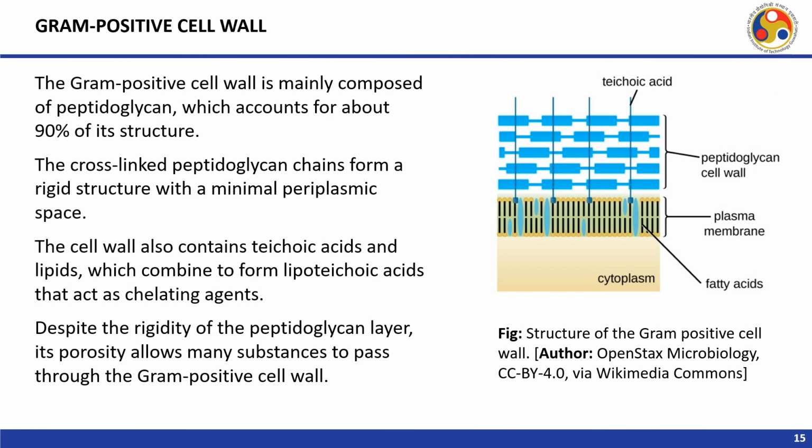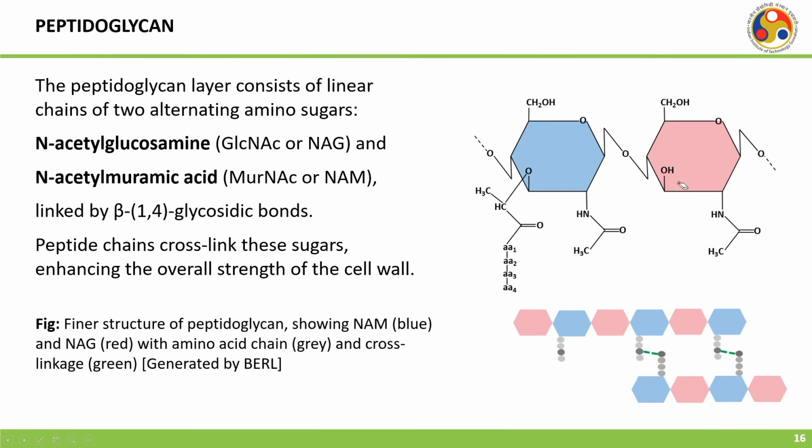The cell wall also contains teichoic acids and lipids which combine to form lipoteichoic acids that act as chelating agents. Despite the rigidity of the peptidoglycan layer, its porosity allows many substances to pass through the gram-positive cell wall.